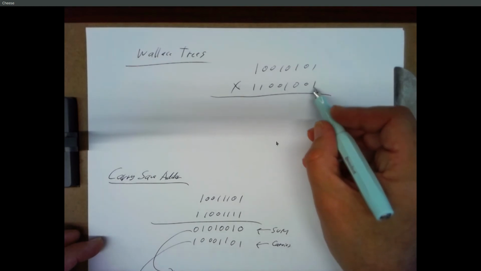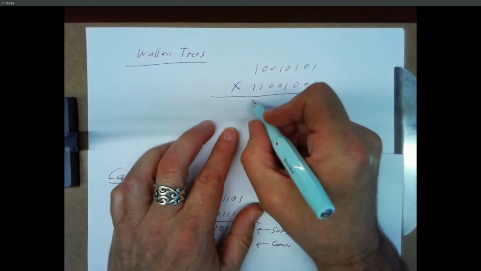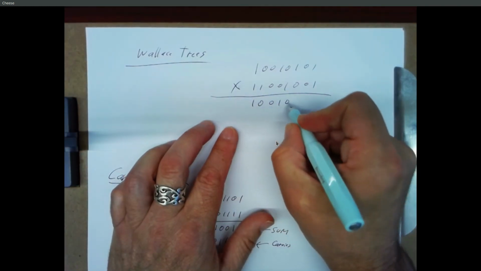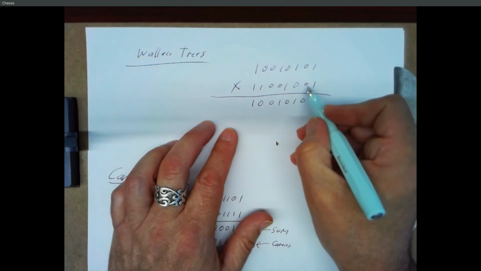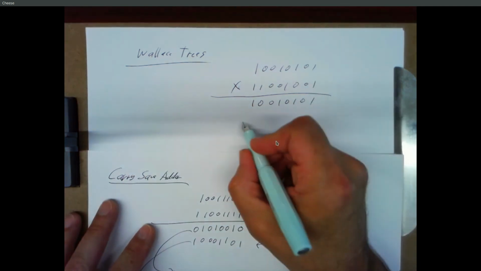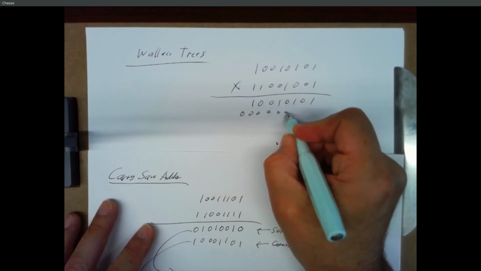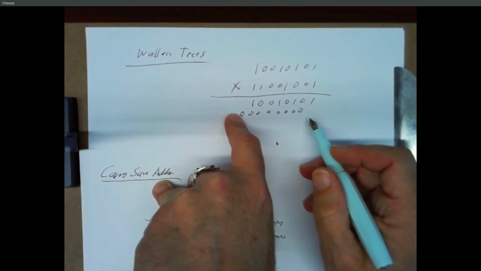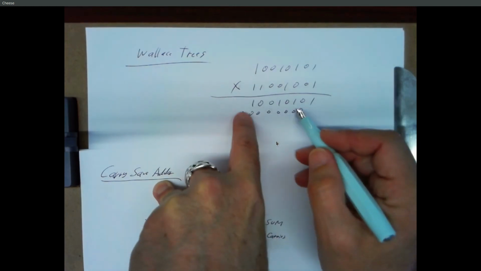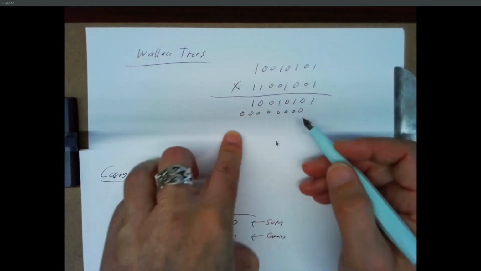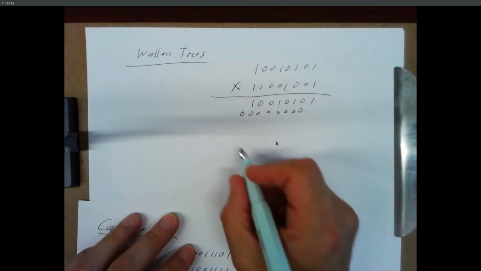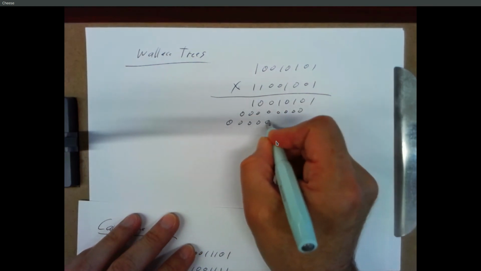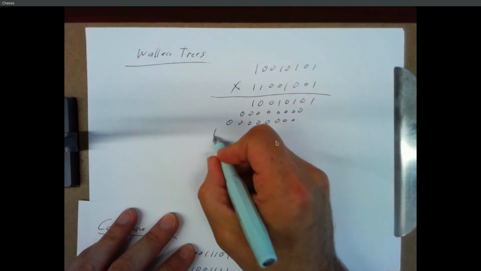If this digit is a 1, you're multiplying this by 1, you just get that original number back. If this digit is a 0, you're multiplying it by 0, you just get a 0. So these partial products are either your original number on top or they're just a 0. And it just depends what the bits are in this thing that you're multiplying by. So calculating those, trivial.